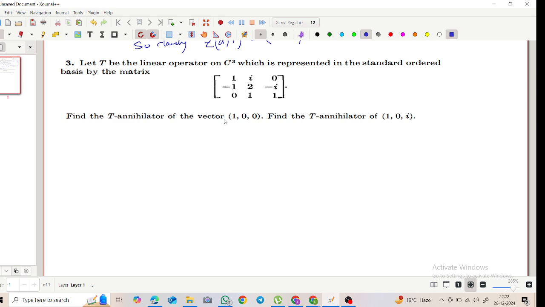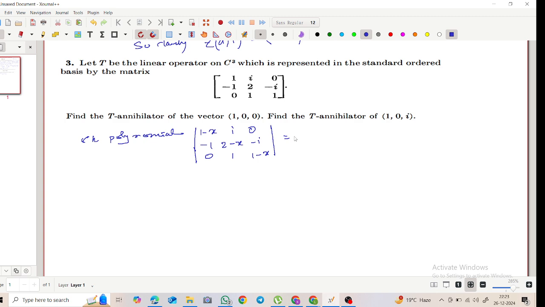First, let's find out the characteristic polynomial. So the characteristic polynomial, as I can see, is the determinant of the matrix with rows (1 minus x, i, 0), (minus 1, 2 minus x, minus i), (0, 1, 1 minus x), right?